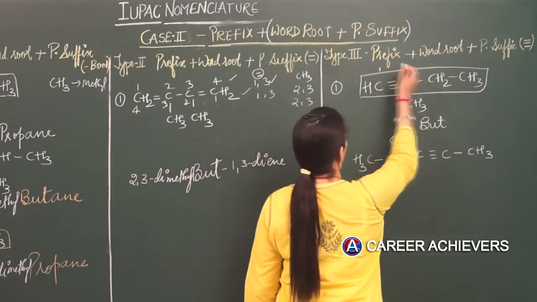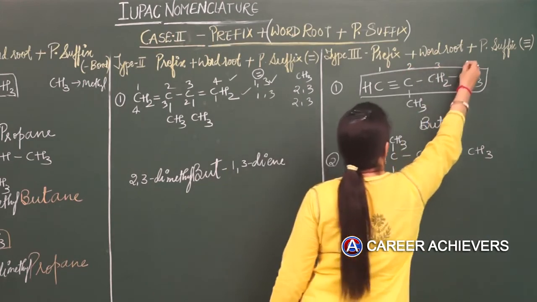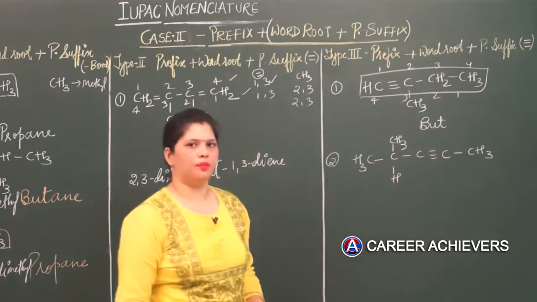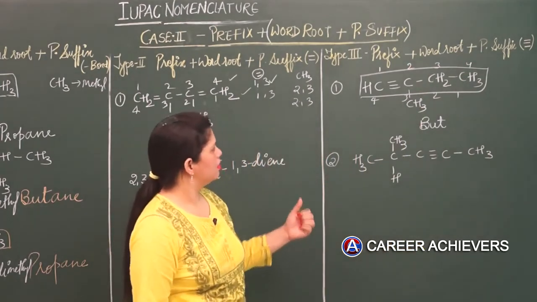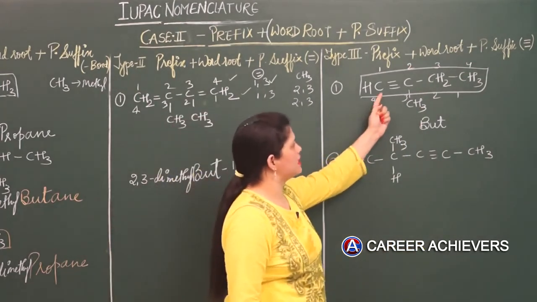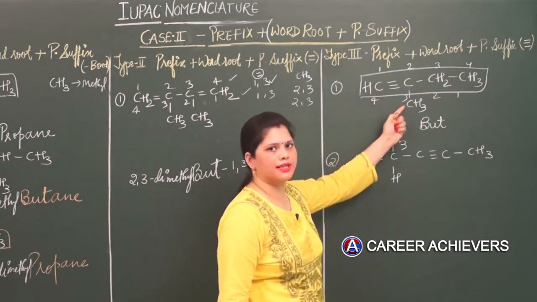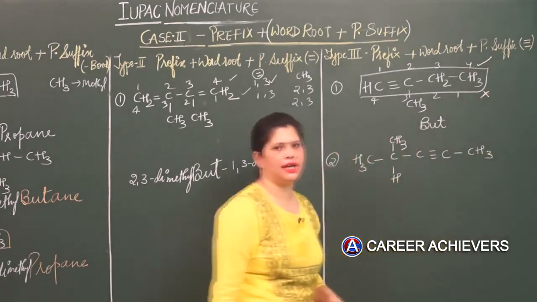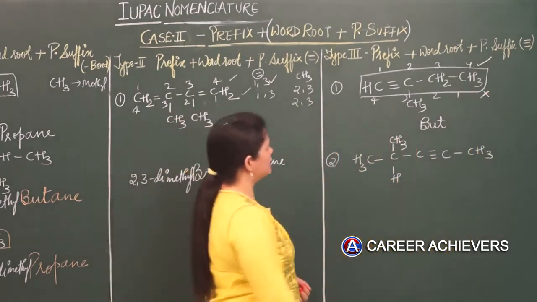To find the position of the triple bond, this is how I can number. From the upper numbering, the triple bond gets the first carbon as its position, and from the lower numbering it gets the third carbon. So we take the first numbering as correct and the second as wrong, right?